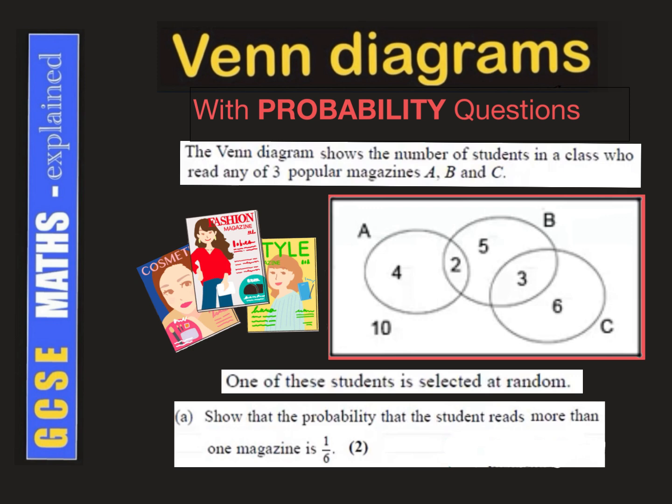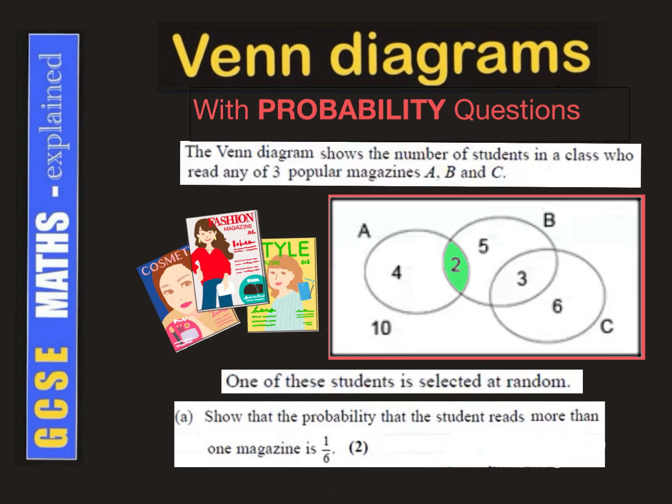So we're told that each set represents a popular magazine, A, B, and C. And the numbers inside it show you the number of students in a class who read any of these three popular magazines. One of these students is selected at random, and we are to show that the probability that the student reads more than one magazine is 1/6.